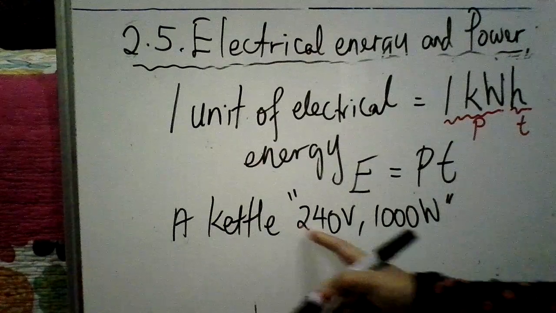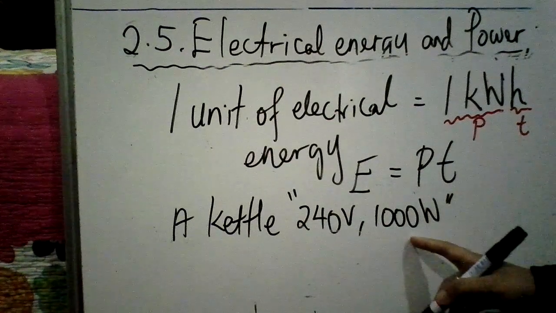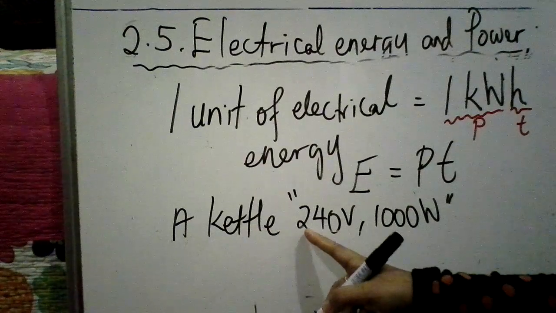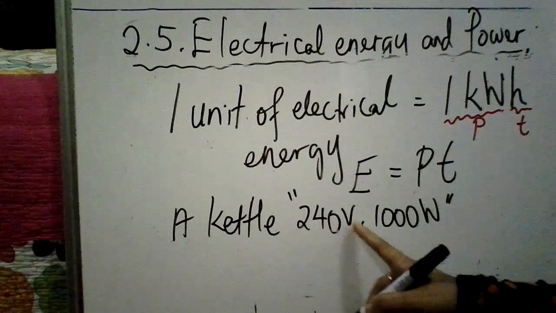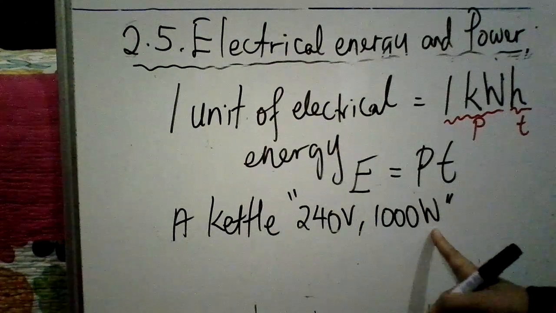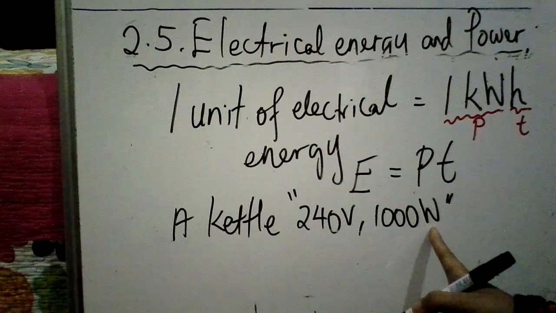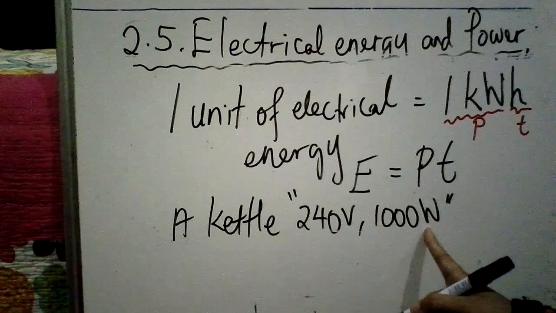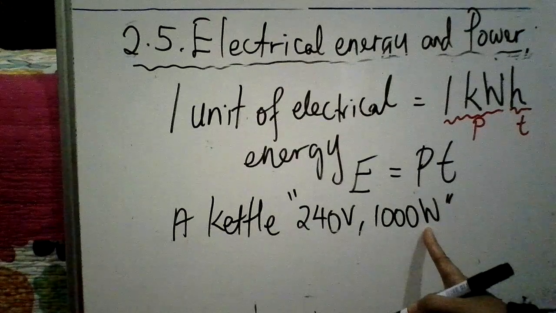What is meant by this label? This means when you connect the kettle to a power supply of 240 volt, it will consume 1000 joule of energy in 1 second. Meaning the higher the power, the more electrical energy consumed in 1 second.